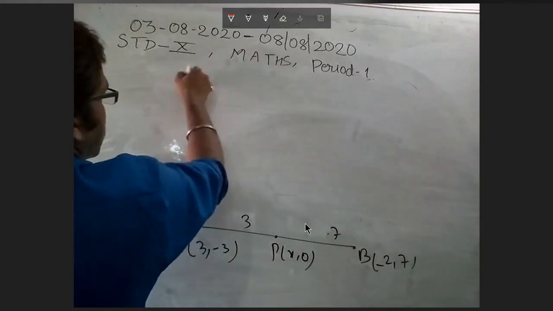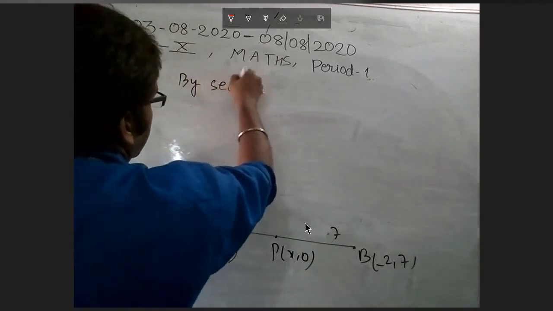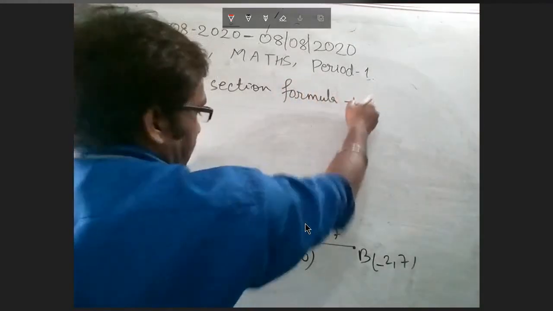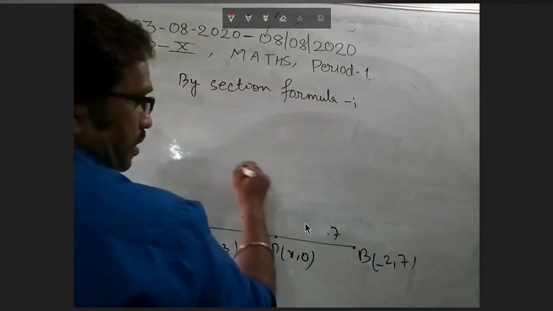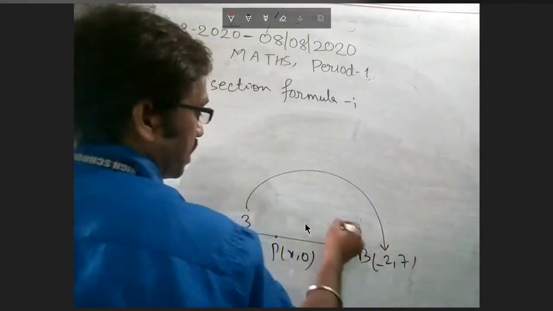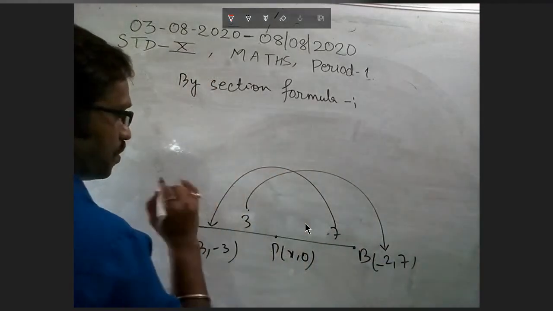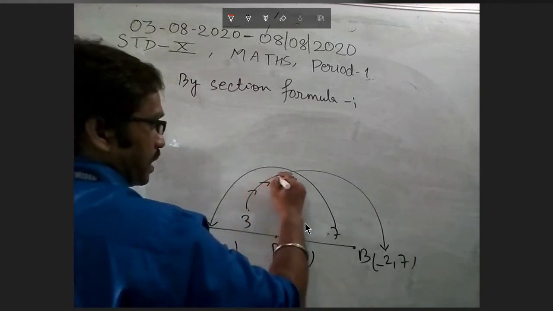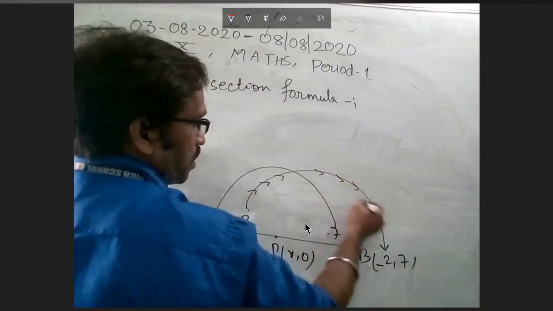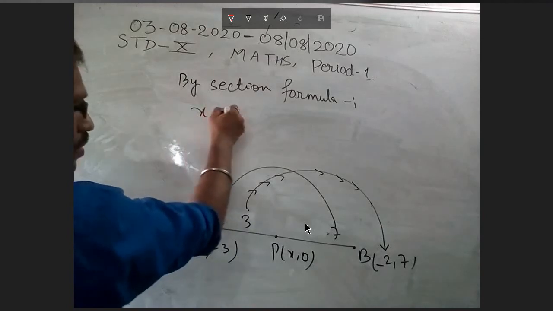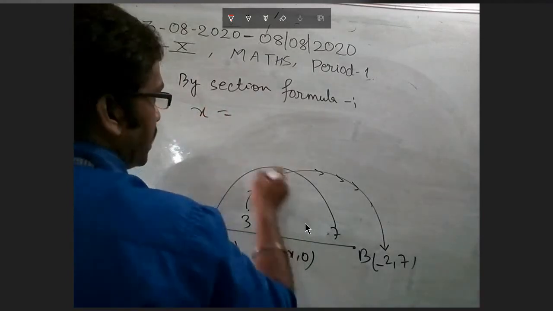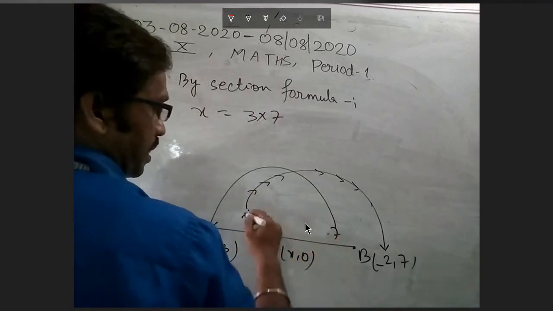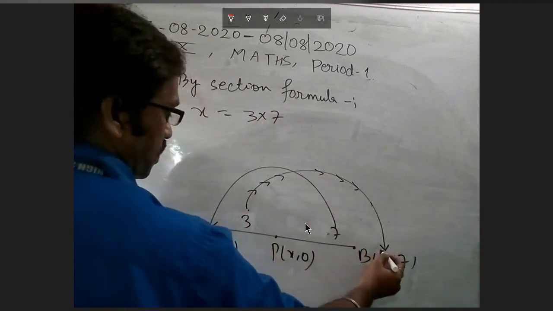So x is equal to, by the section formula, I can write here: 3 will multiply with minus 2 and 7 will multiply with 3. So my x coordinate will be 7 into 3 minus 3 into 2.